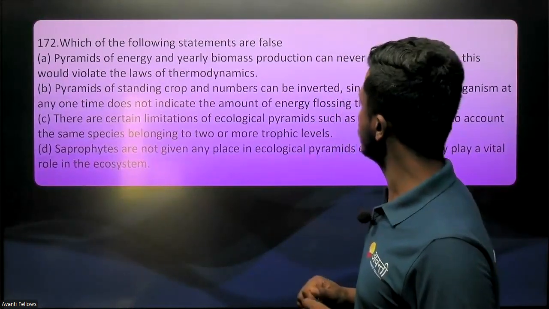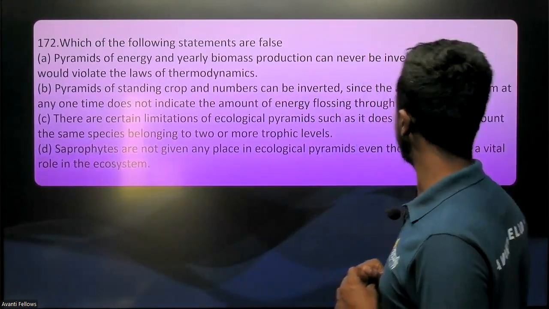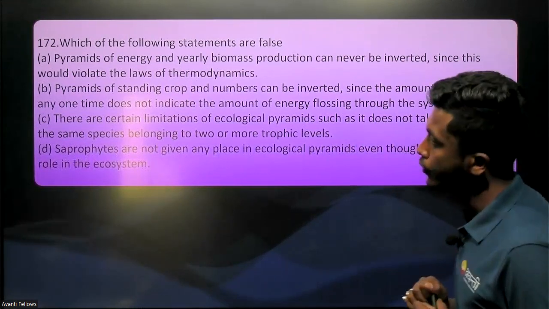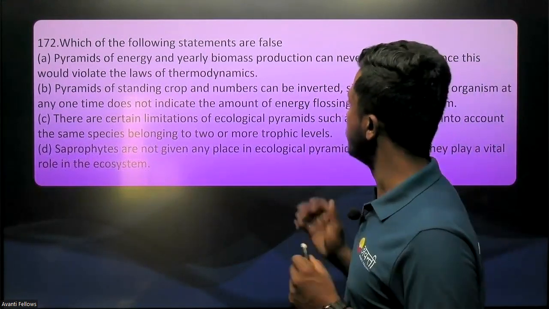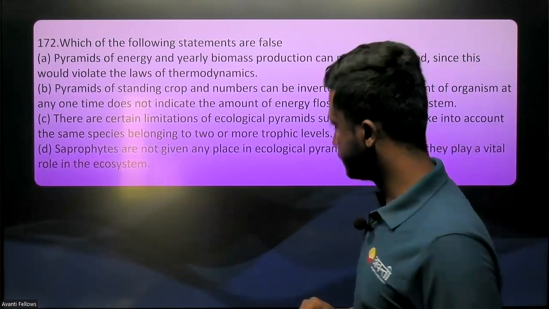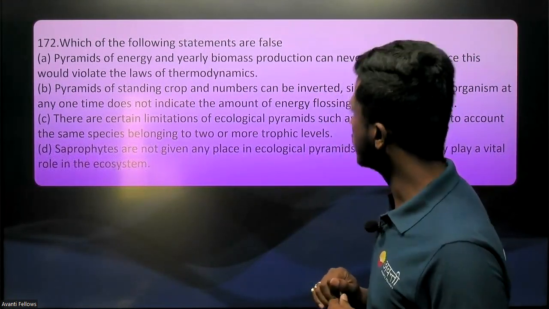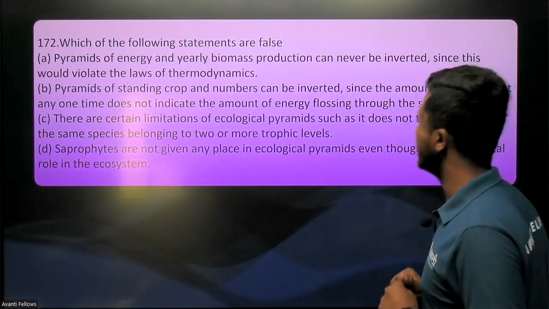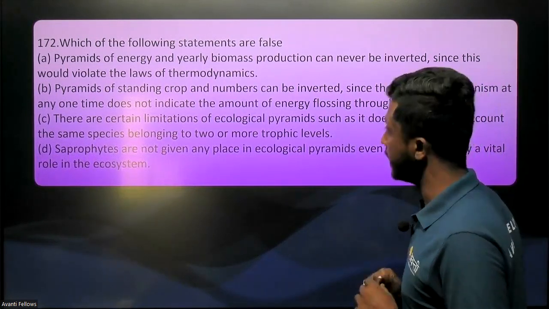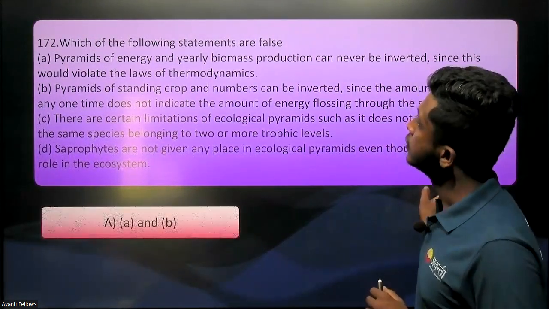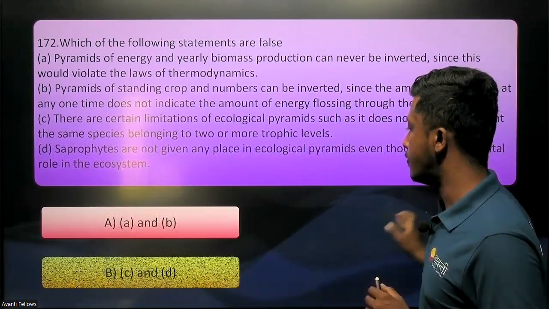Through certain limitations of ecological pyramids, such as it does not take into account the same species belonging to two or more trophic levels, saprophytes are not given any place in ecological pyramids, even though they play a vital role in the ecosystem. So, which of the following statements are false?